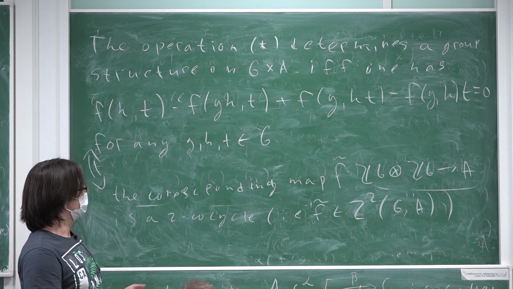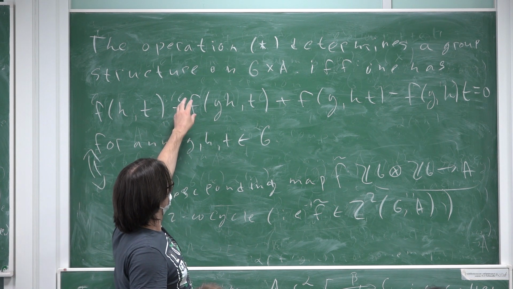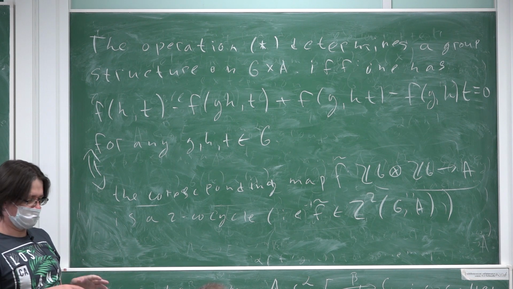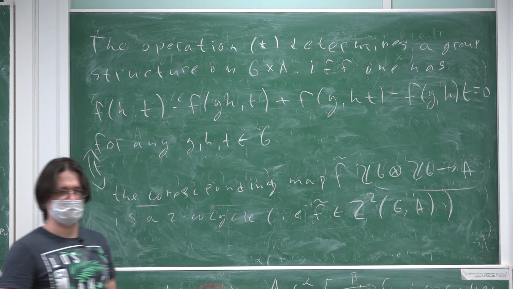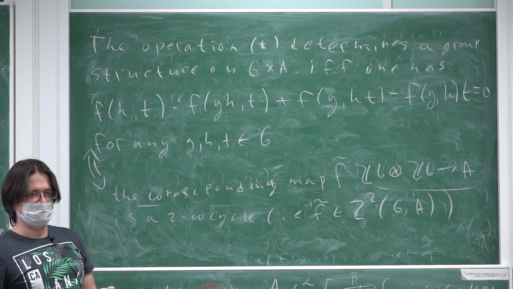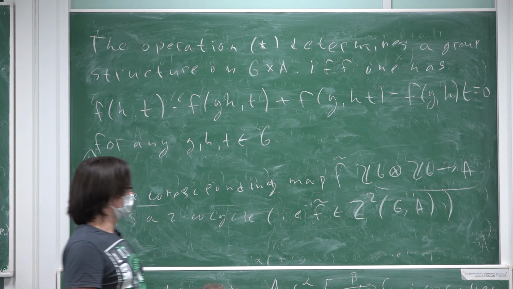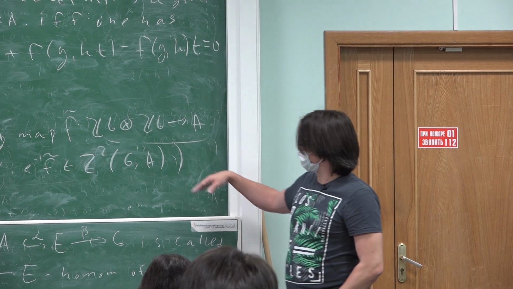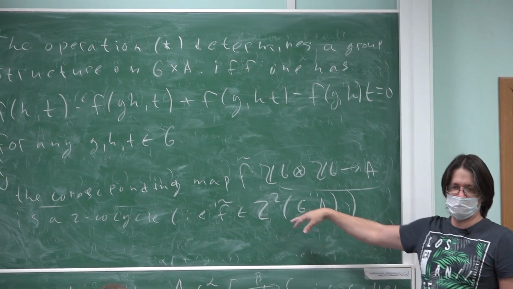And different sigma will determine different f's, but the maps corresponding to the same extension will differ by a coboundary, so by a map that comes from the differential from G to A. And in this way, we will have a correspondence between extensions and second homology.